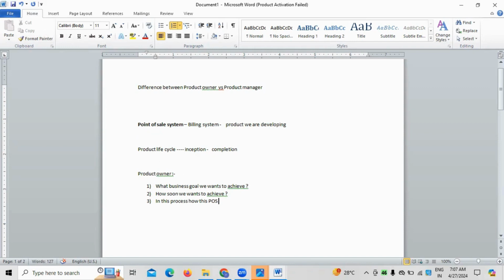How will this POS provide value addition to improve my business, and how should it look? If you are a product owner, you must have this sort of understanding. Understood, Lola? Clear?